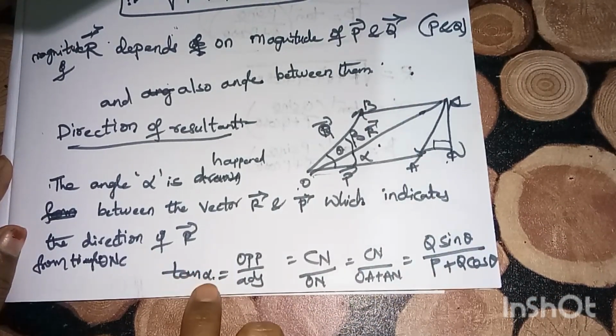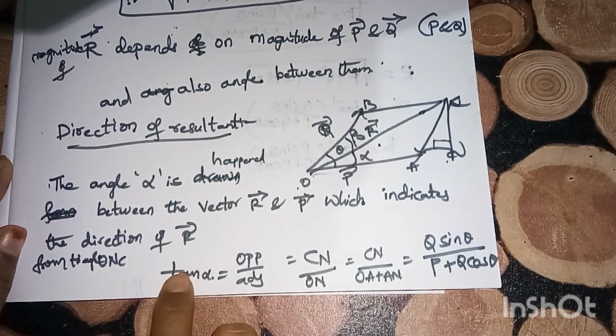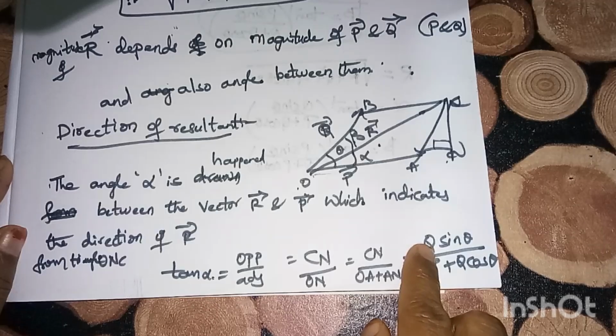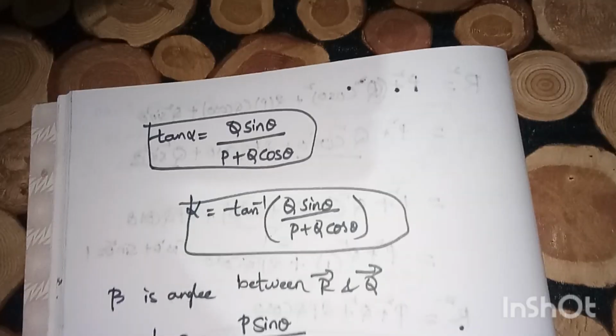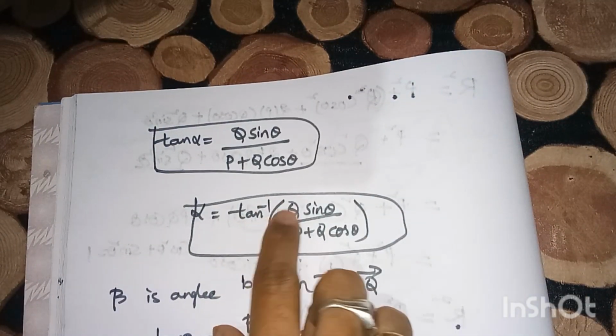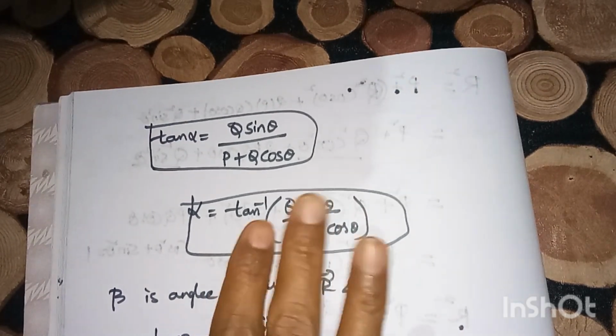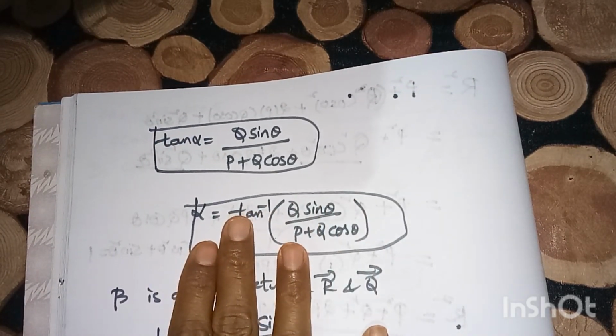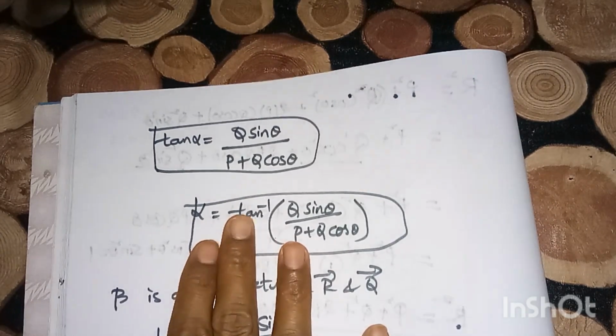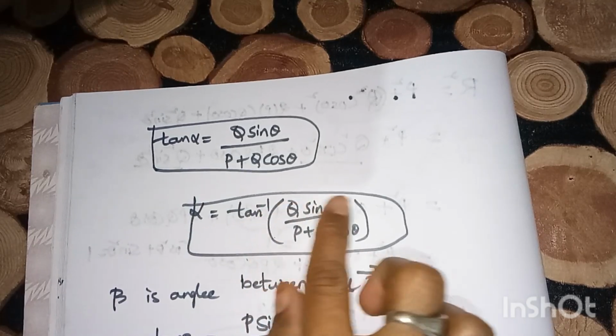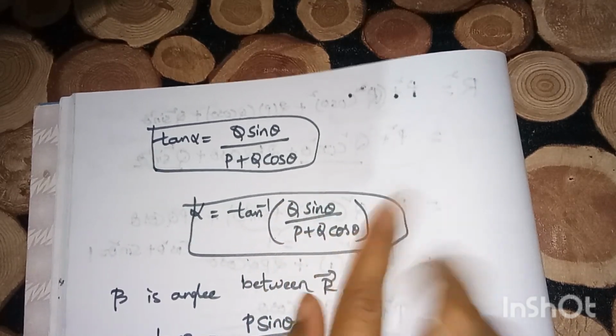We want alpha to find the direction, so sending tan to the right hand side it becomes tan inverse. So alpha equals tan inverse of Q sin theta by P plus Q cos theta. This is the angle drawn between the resultant and the first vector.